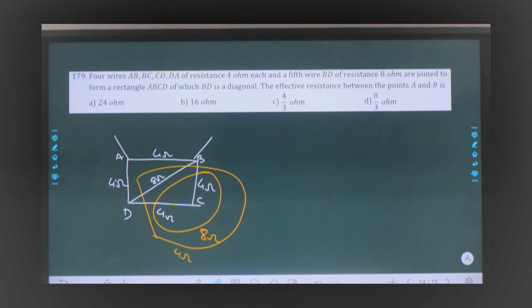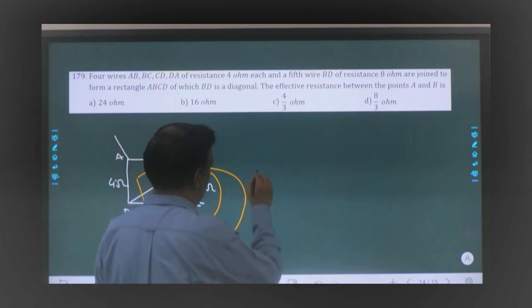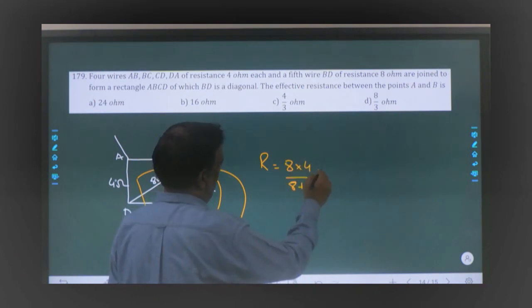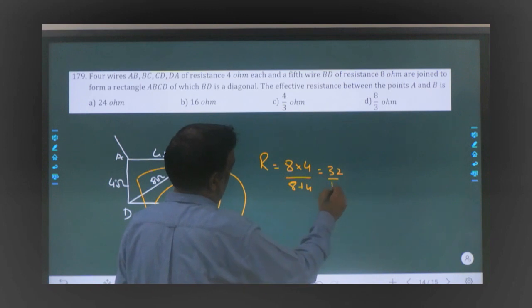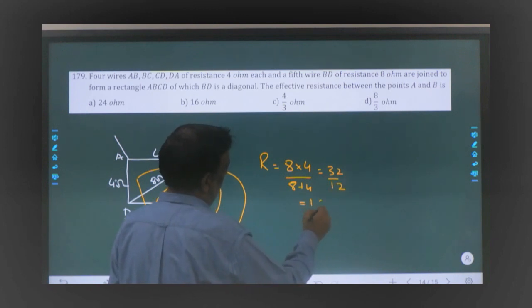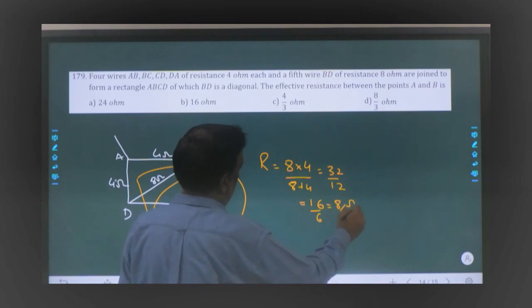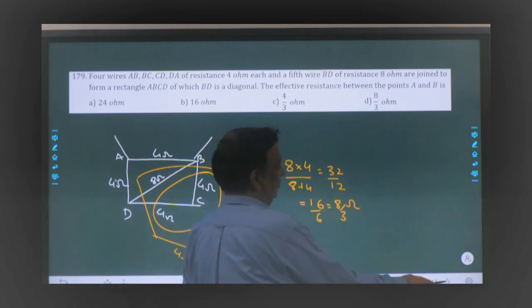So 8 and 4 in parallel, you will get the answer. It is 3 ohm.